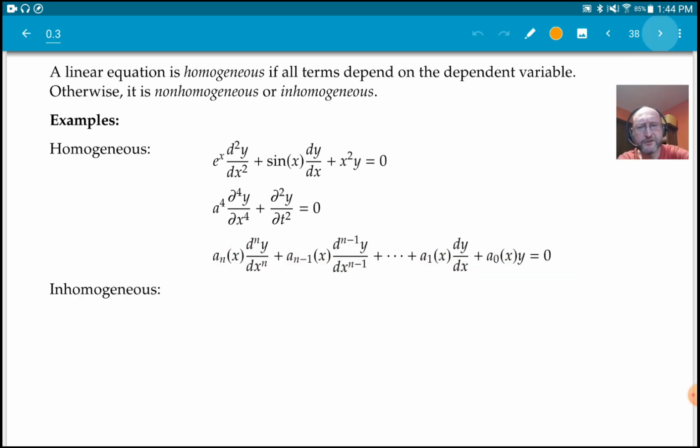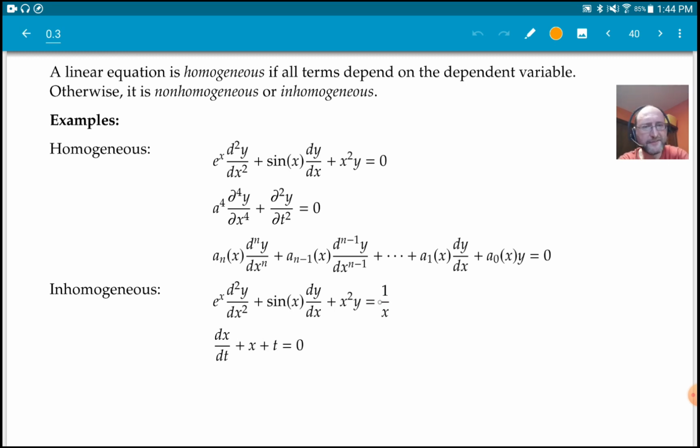So here are some inhomogeneous equations. Here, I guess this is the one that we saw before. It has this function of x in there that doesn't depend on y at all. So that's the inhomogeneity. That's the thing that's making it not homogeneous. Here's another one.